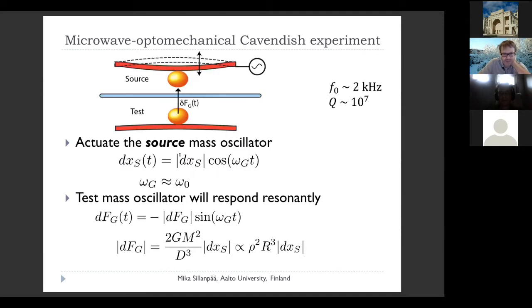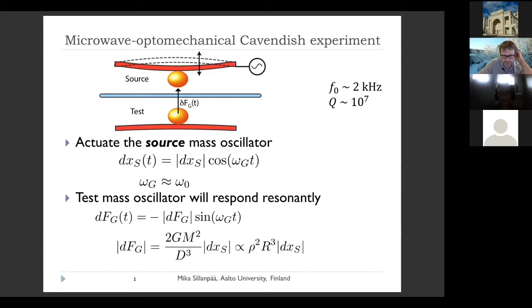And we have to actuate the source mass, which is here, sinusoidally. So these two oscillators have about the same resonance frequency. And the actuation is around this ω_g, which is about ω_0. The amplitude is dx_s, and then this test mass oscillator will respond resonantly pretty strongly.